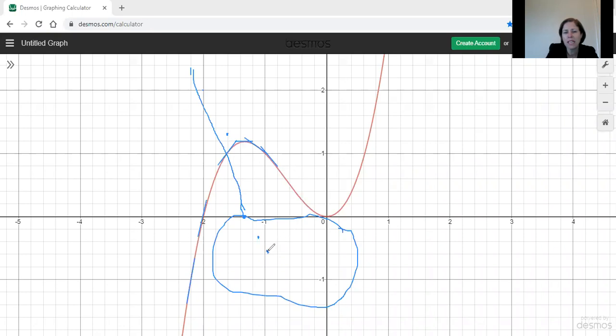So what I'm going to see is that this curve will sort of head down and then across. Now, eventually it's going to turn and start going up. And I know it's going to keep going up until I have another turning point, because a turning point on an original graph tells me that on the derivative graph, I'm going to cross the x-axis. And that's going to happen just here.